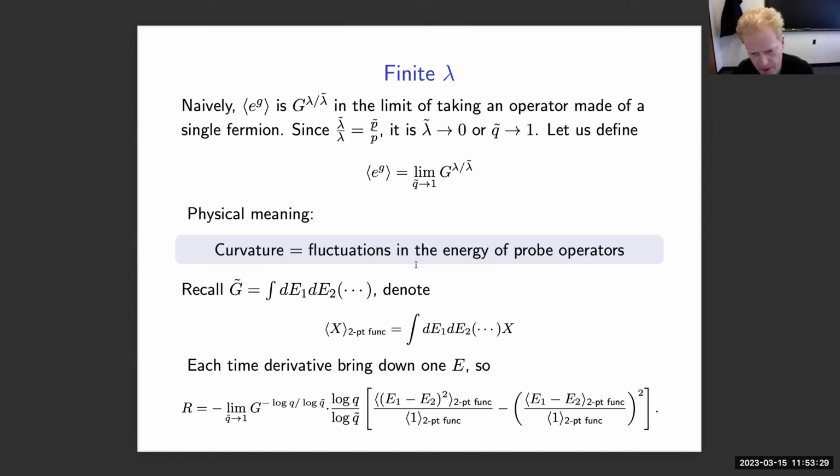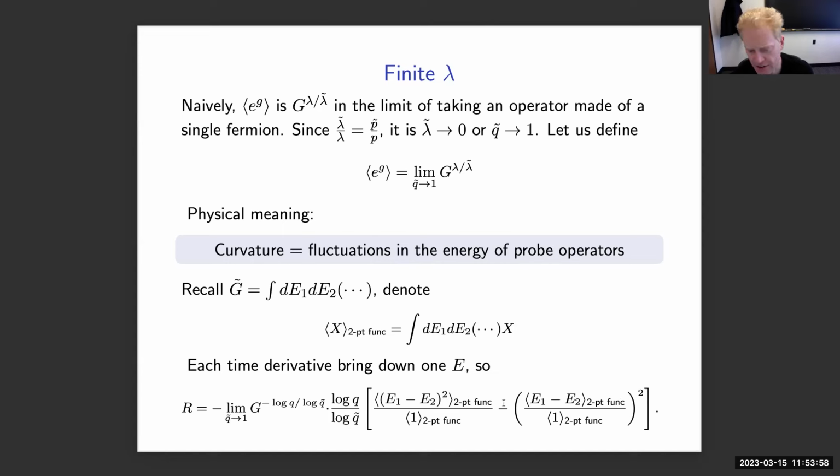Now, what I mean by this statement precisely is this formula. Except for these prefactors that are not important, the Ricci scalar is basically, we take q tilde to 1. That's the limit that we always need to take. It's the expectation value in the two-point function of the energy difference squared minus the expectation value of the energy difference, all of this squared.